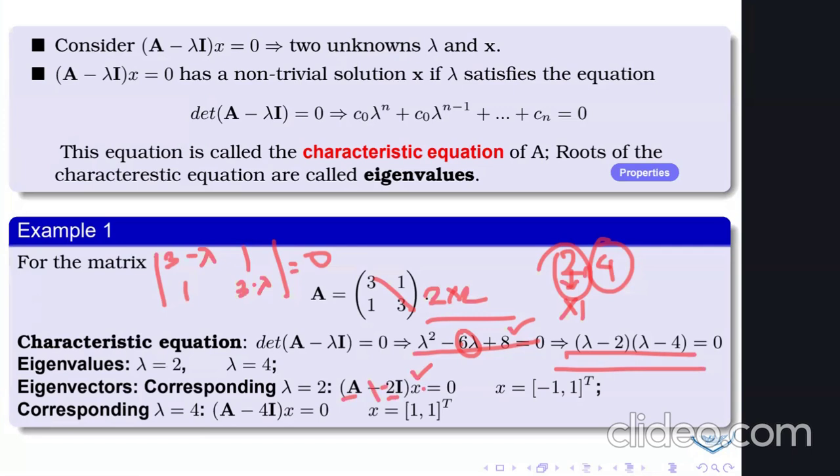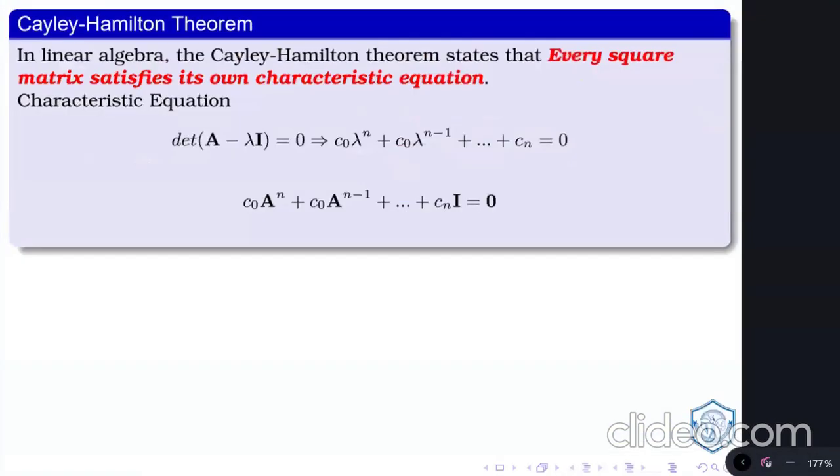So here again is a system of linear equations for the eigenvalue 2, and we can find x is (-1, 1). Similarly for the value 4, we have (A - 4I)x = 0, which will give x equals (-1, 1). So there are two eigenvalues corresponding to two eigenvectors. So yeah, that's it.